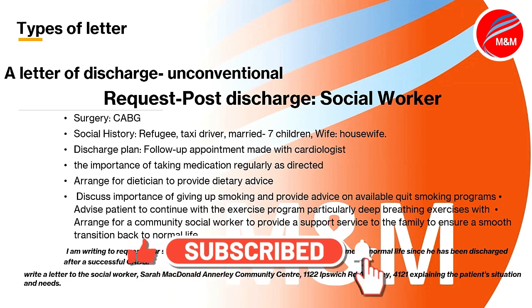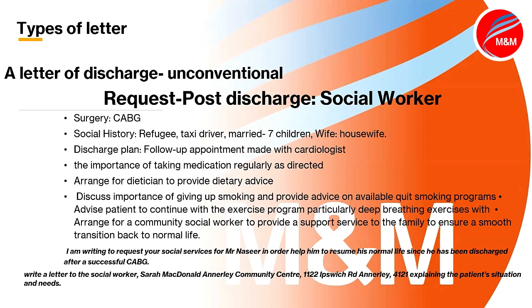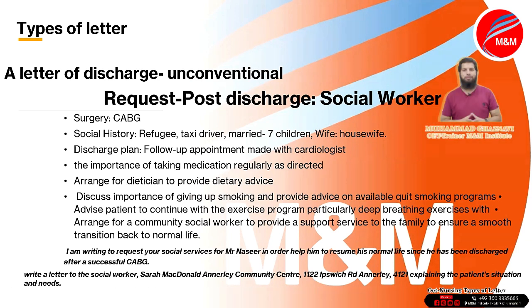So here we can just write down, I'm writing to request your social services for Mr. Nasir in order to help him resume his normal life since he has been discharged after a successful CABG surgery, right? So we can just write it down in this way.